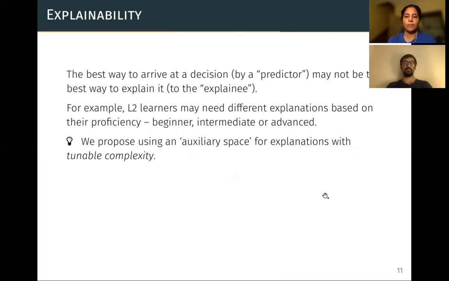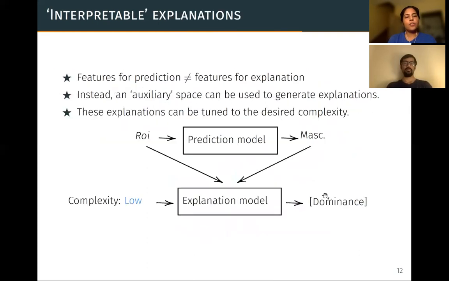What does that mean? The features for prediction need not be the same as features for explanation. Instead, a different auxiliary space can be used to generate these explanations. These explanations then can be tuned to the desired complexity.